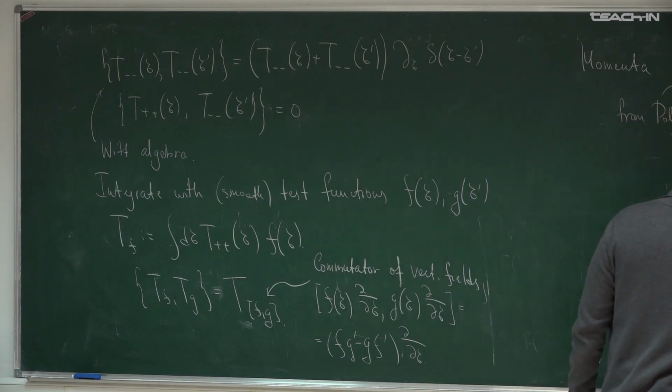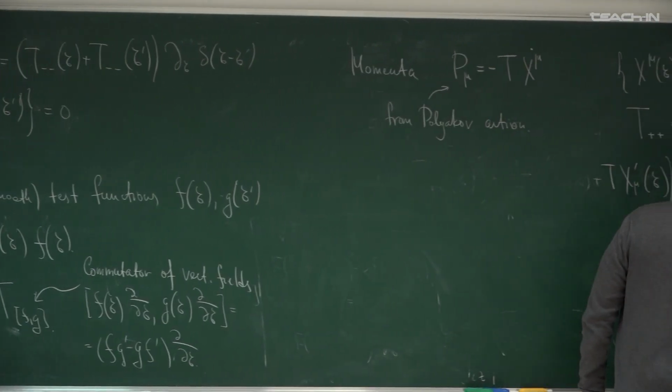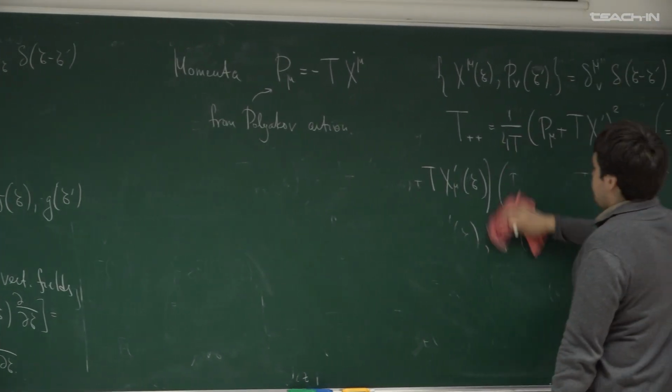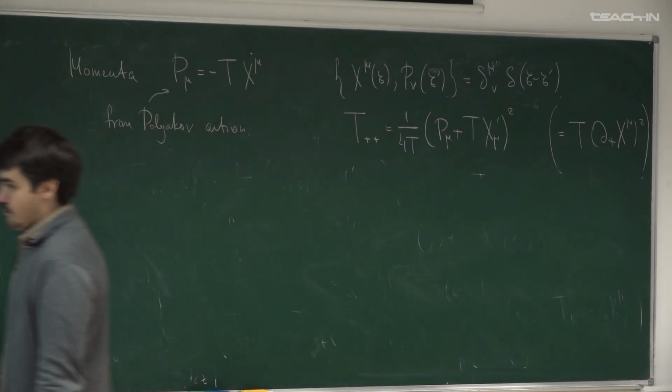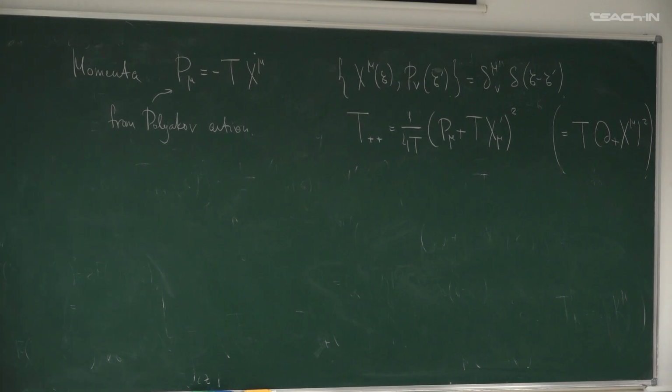These are vector fields on a circle, because σ is a periodic variable, so f and g are periodic functions. And that's why this Weyl algebra is the Lie algebra of diffeomorphisms of the circle.